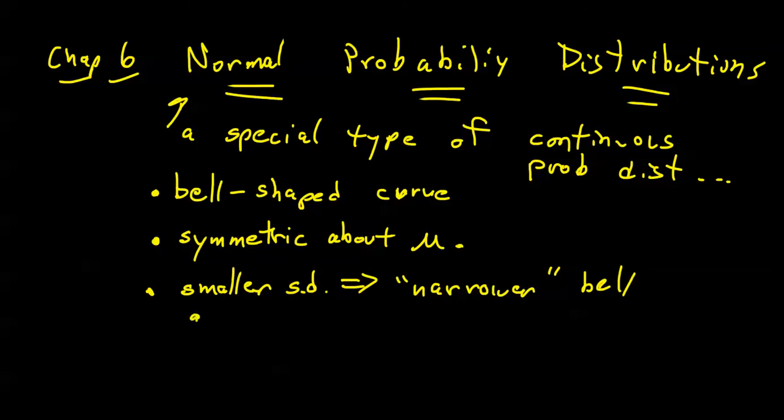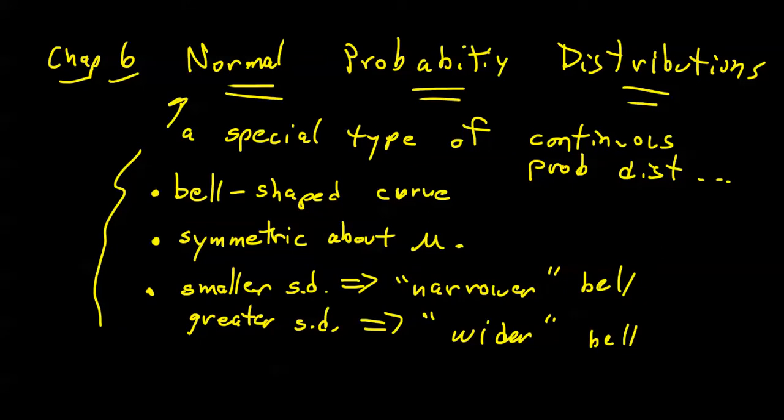And of course, if you've got a greater SD in a normal probability distribution, you've got a wider bell. So let me do my best to draw a bell-shaped curve with these characteristics.